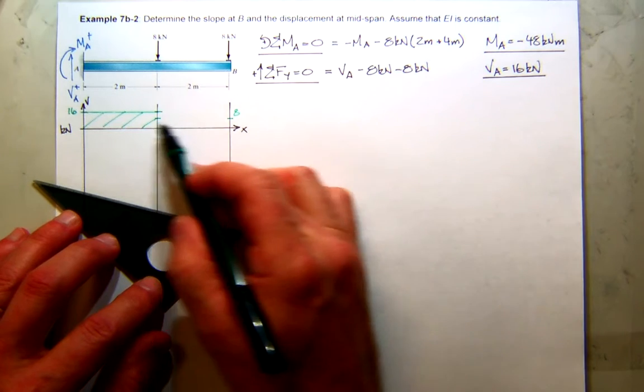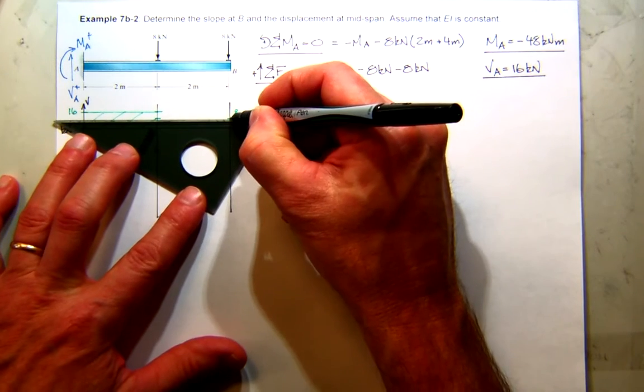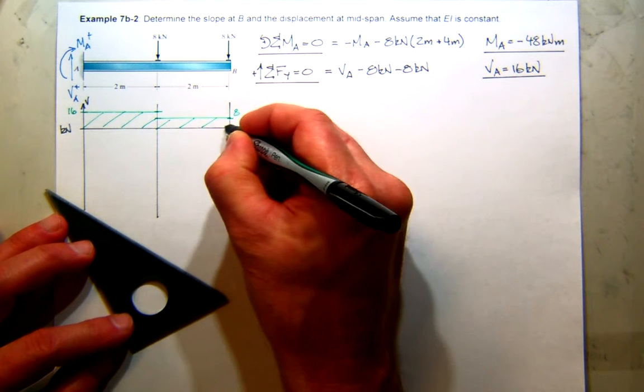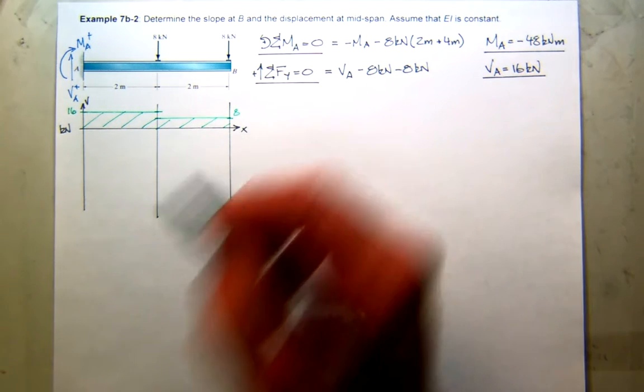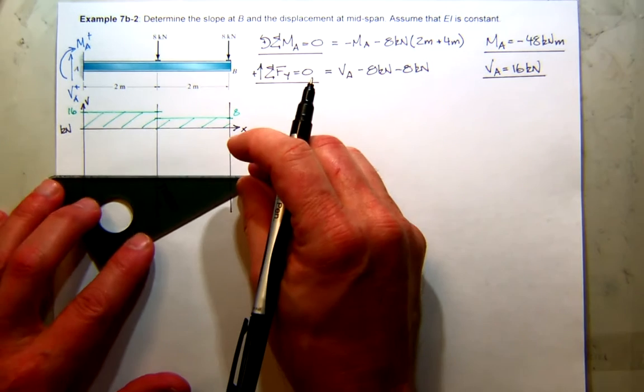And of course, the slope of the curve is the load. The load is 0, so we have a horizontal curve. So we get kind of a step shape. And you'll see at the very end of the beam, we have a positive shear of 8. Now let's look at the moment diagram.